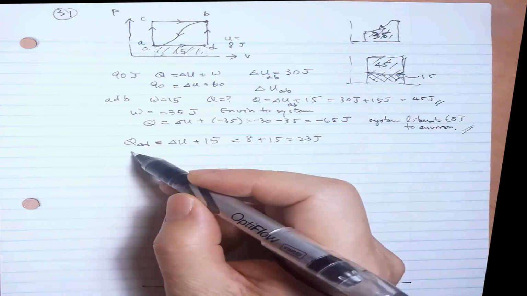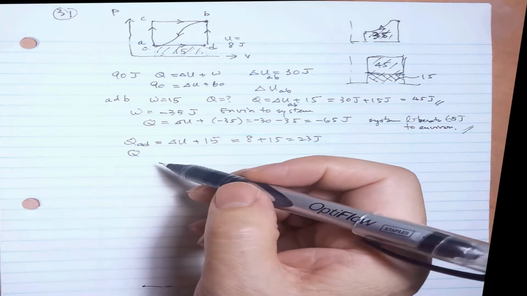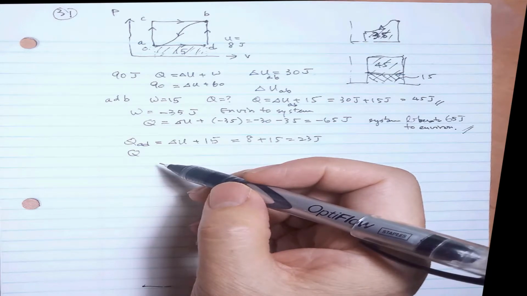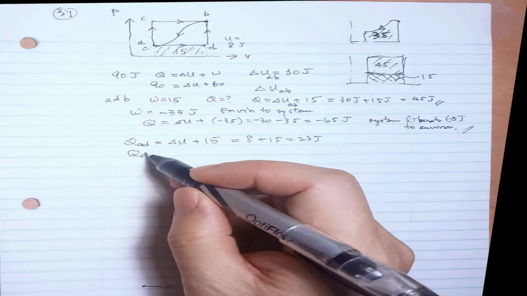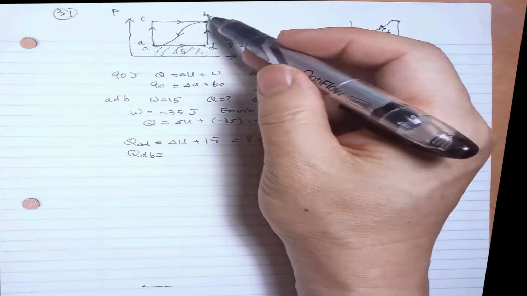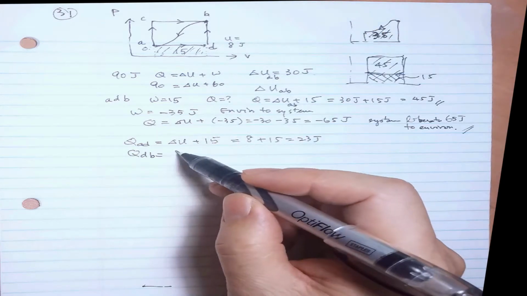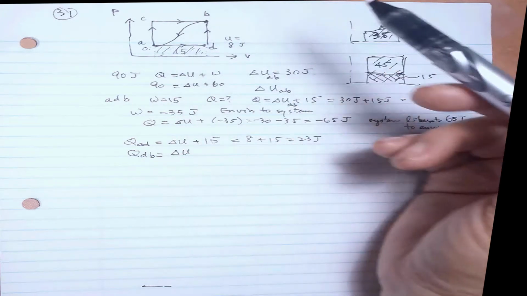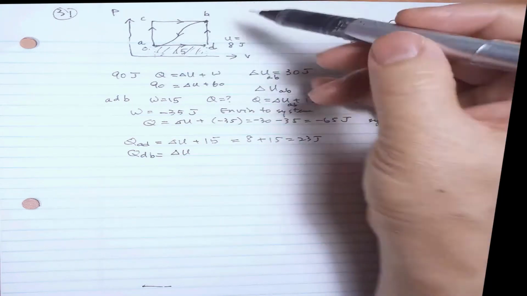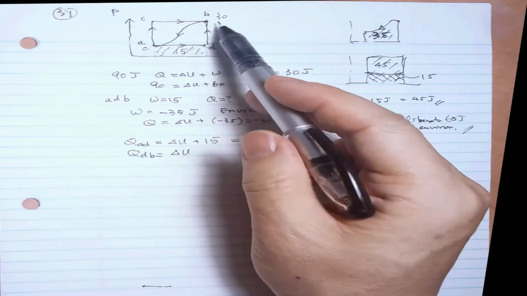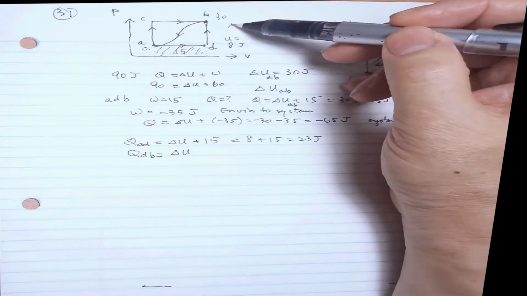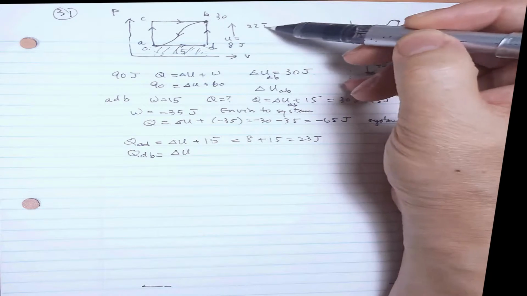That's positive. And then now we want another one. What is the heat absorbed in the process of DB, from D to B? From D to B is from here to here. So internal energy, well, we know that from here to here was 30 from the past, or this one is higher than that by 30. So if this is 8, then the difference here will have to be 22.